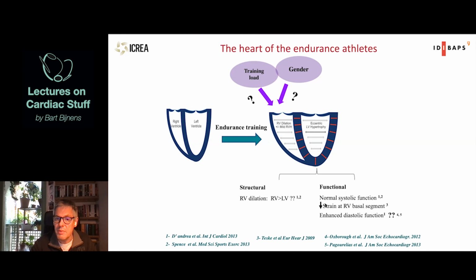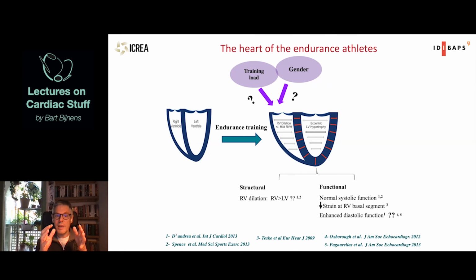One of the things that I said before is that very often you see low strains in athletes, also in the left ventricle. But if you only look at baseline, since they very often have these enormous hearts, then in order to generate the baseline stroke volumes they don't need to deform so much.